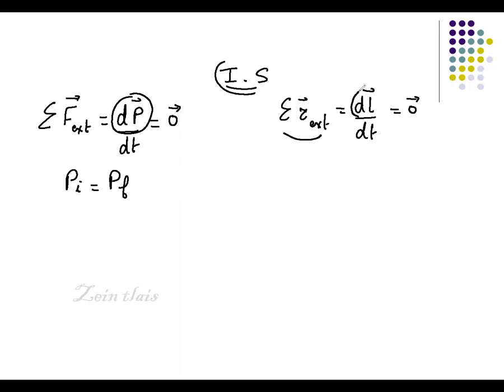So L is constant in this case. We can say L initial equals L final. So in the case of an isolated system, we have conservation of mechanical energy: mechanical energy initial equals mechanical energy final.